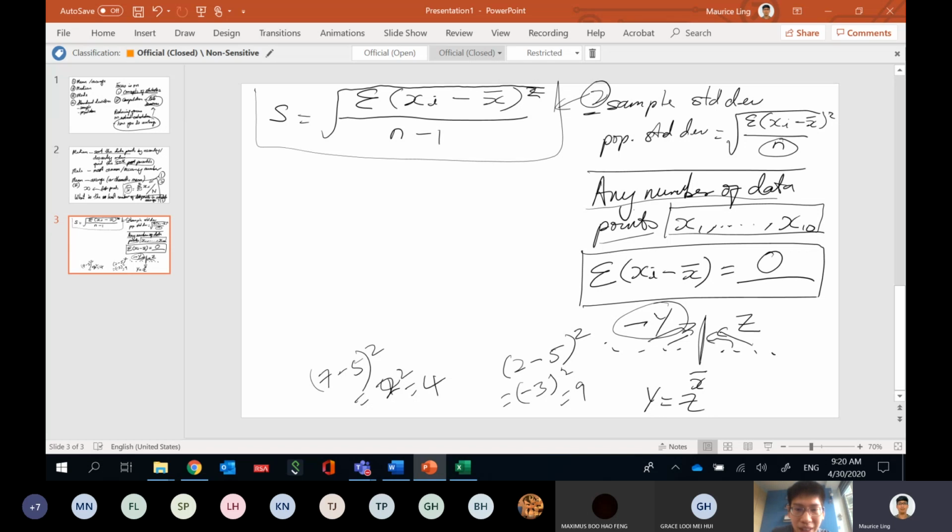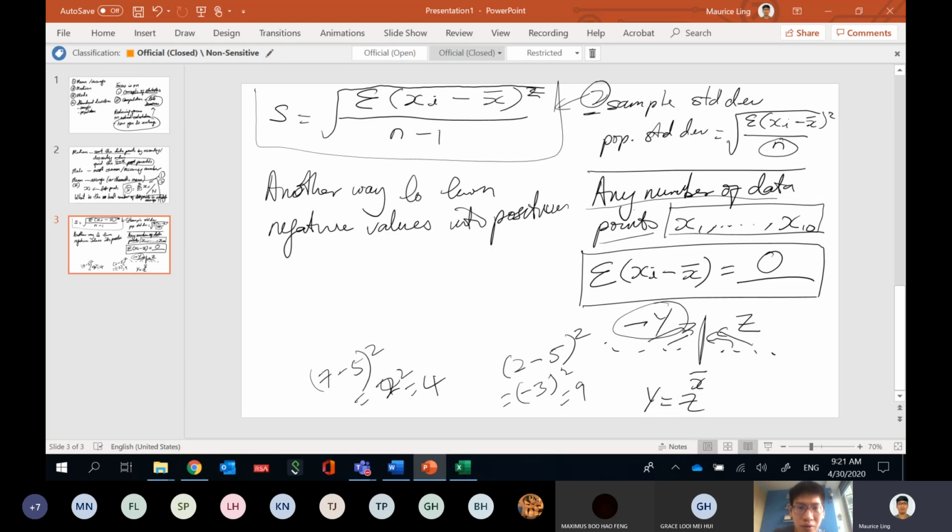If we had another negative sign in front of a negative sign, it will be a positive. Okay, so my question is, is there another way to turn negative values into positive values besides square and square root?